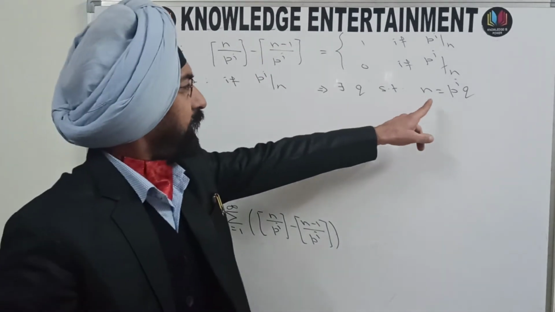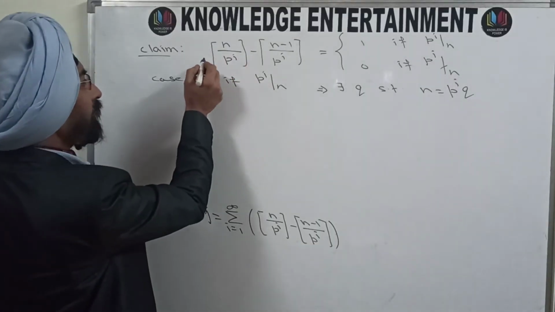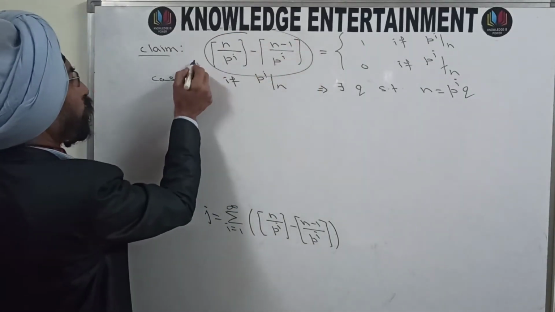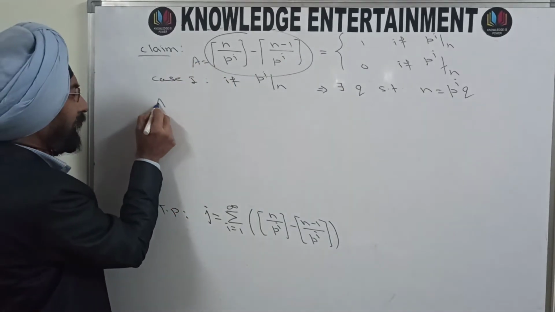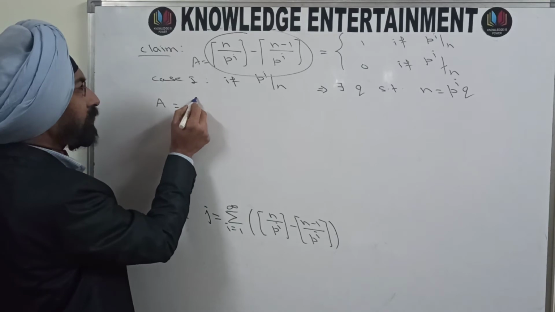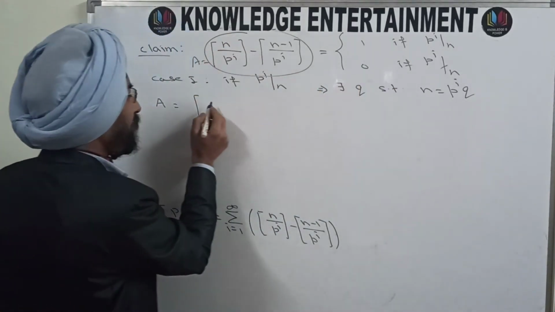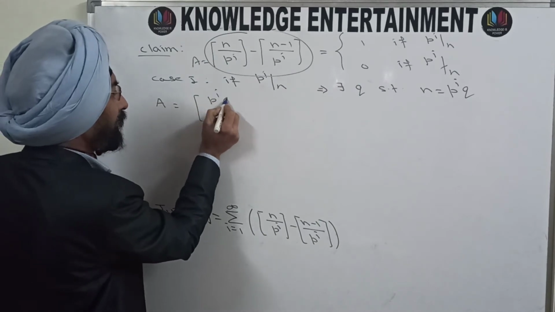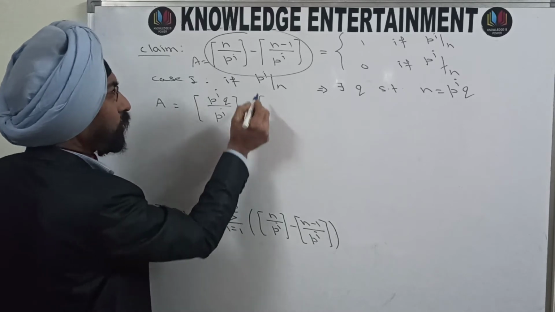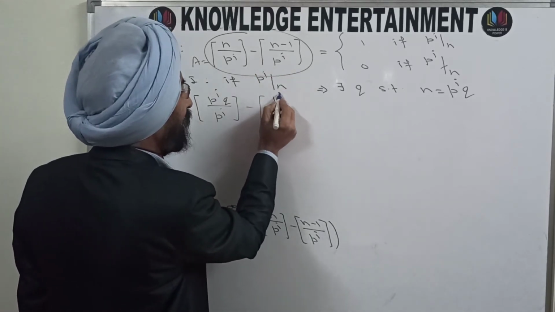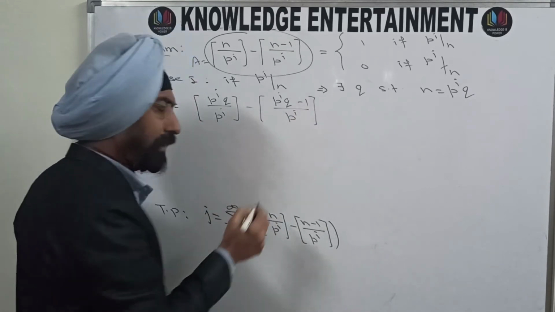So substitute this value here. Substituting this value, suppose this term is a. What does a become? It becomes the greatest integer, substituting the value of n, p^i q divided by p^i, minus (p^i q minus 1) upon p raised to the power i, greatest integer.